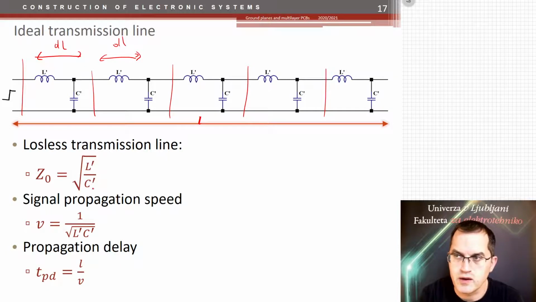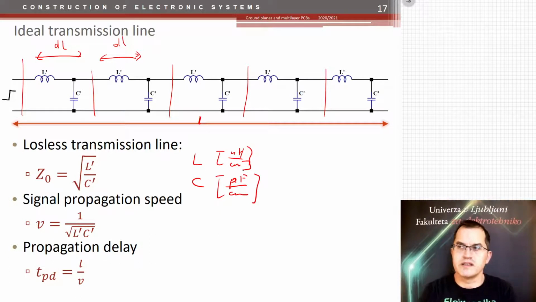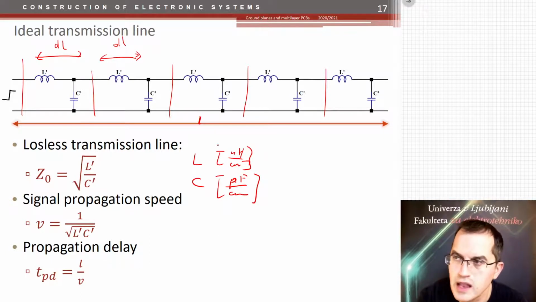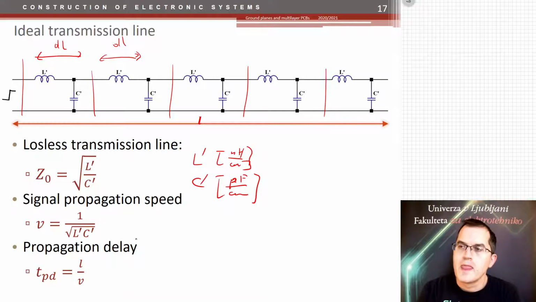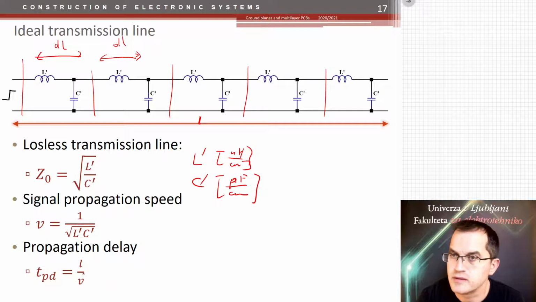root of L over C, and this L is then in, let's say, nanohenries per centimeter, and C in nano or picofarads per centimeter. So that would be a normal representation of these two elements. Now, the signal propagation speed is 1 over square root of LC, and propagation delay, of course, is the speed of the signal, and it's the normal physical formula.